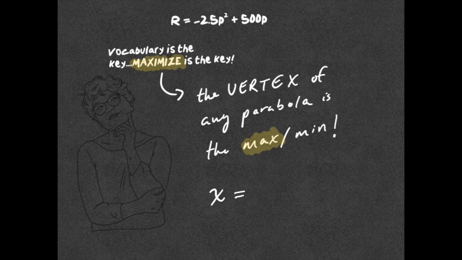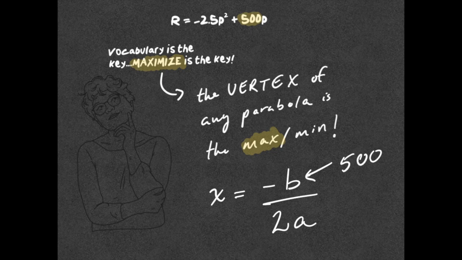So when we have something in standard form, we start with at least finding the axis of symmetry: x is equal to negative b divided by 2a. And b is represented by the 500, and a is represented by the negative 2.5.